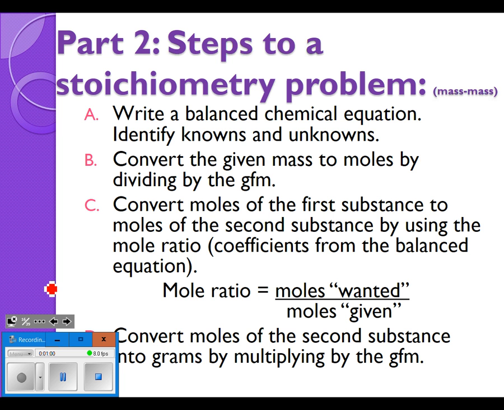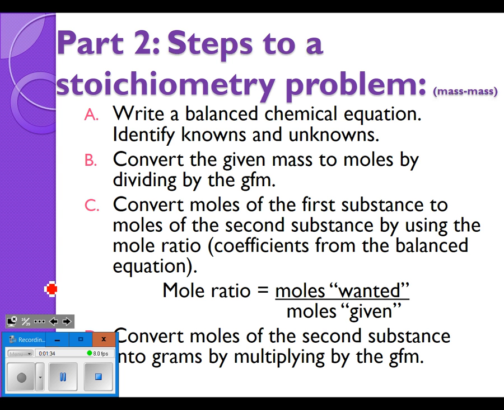Then you're going to convert from, and I'm doing this as a mass to mass, the given mass to moles by dividing by my GFM, remembering that the GFM is found by the sum of all the atoms in a compound. Then once you get that given value into moles, you'll convert moles of the first substance to moles of the second substance by again using a mole ratio.